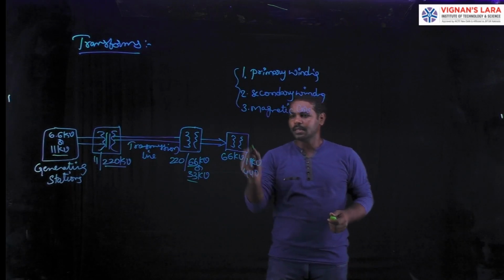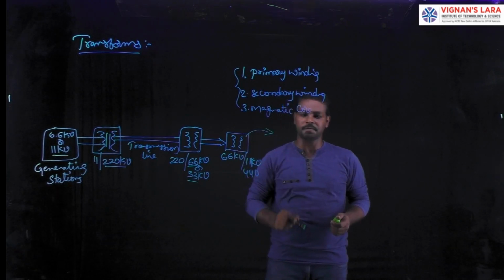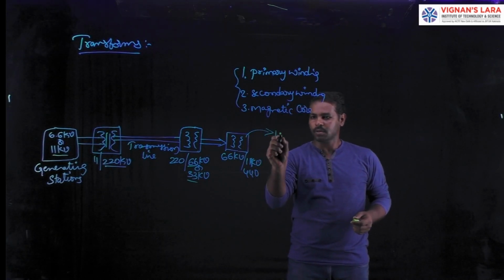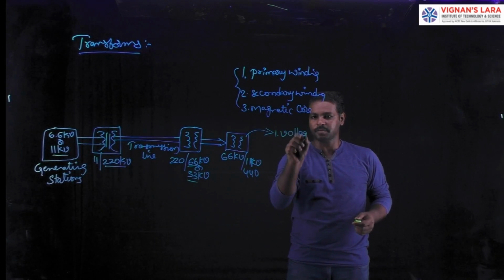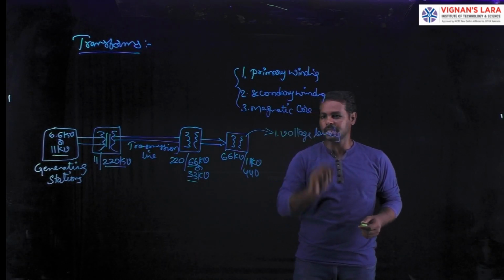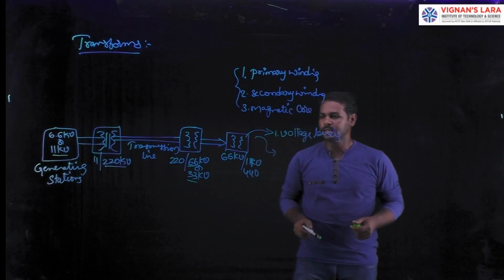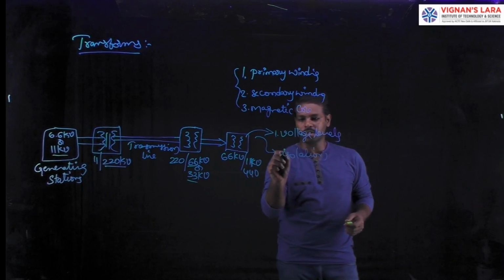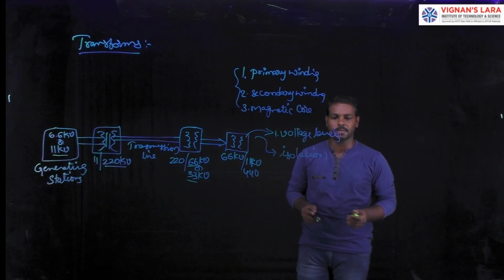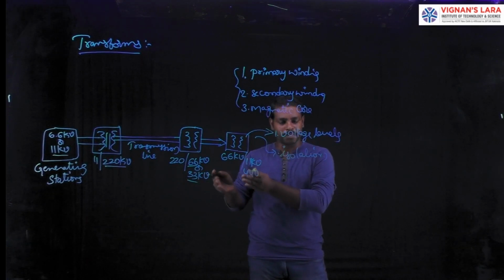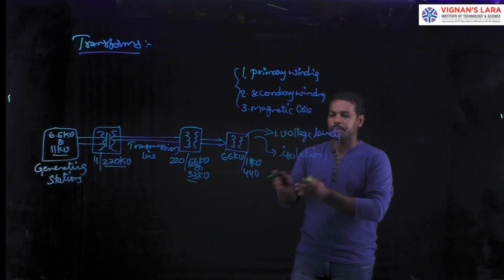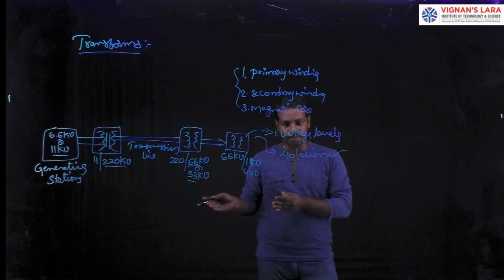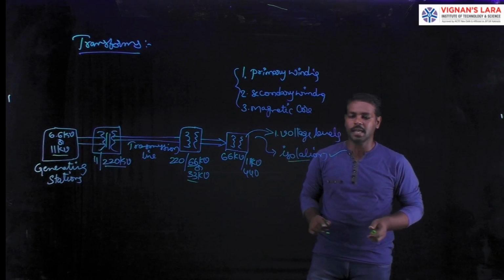The transformer also exhibits some functions. One is that the voltage levels must be changed. Second is isolation, which exists in a transformer. That means there is no direct electrical connection from primary to secondary or secondary to primary, which is called the isolation property.